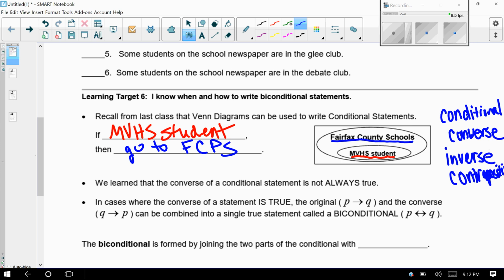Okay, I tried. All right, if my conditional is true, then my contrapositive is true. If my converse is true, then my inverse is true. And I always like to write it that way because they come together in pairs. But if we have a conditional statement that is true, the converse is not always true. Sometimes it is, but not always.